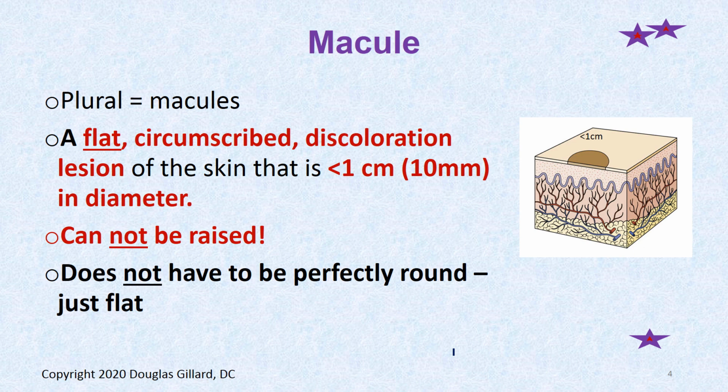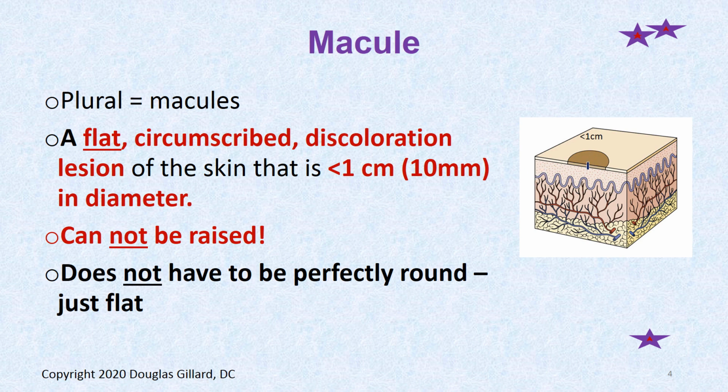All right, so we need to start learning how to describe lesions. If you have a flat lesion that is less than 1 centimeter in size, it's called a macule. It cannot be raised. Close your eyes, run your finger over the lesion, and it can't be raised.